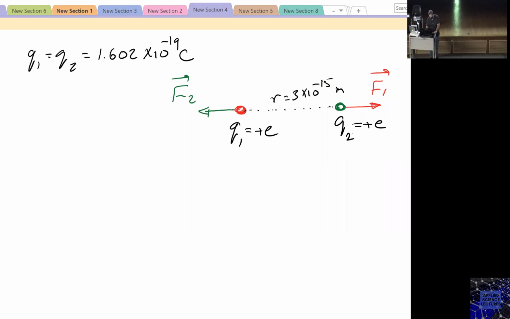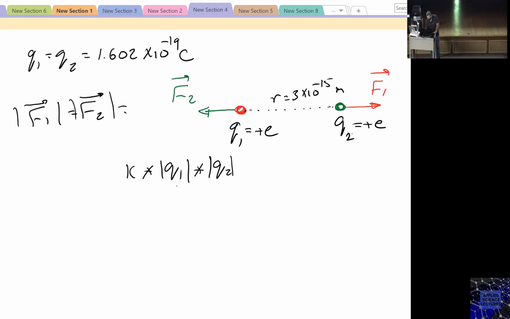Now keep in mind that F1 magnitude equals F2 magnitude equals K Q1 times Q2 divided by R squared.